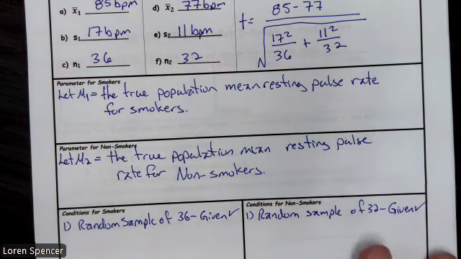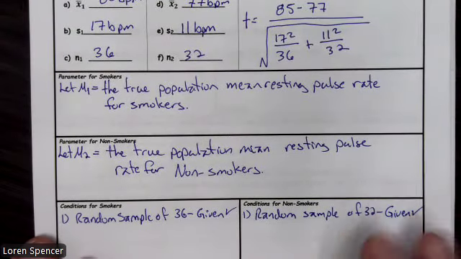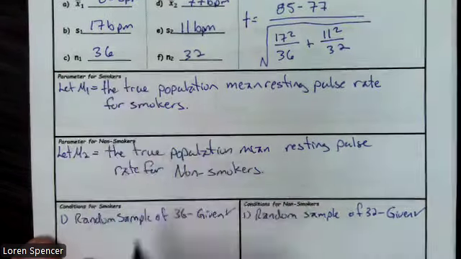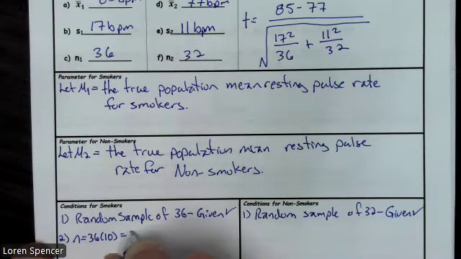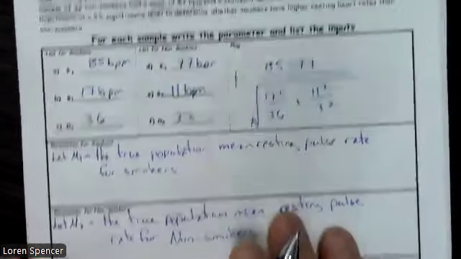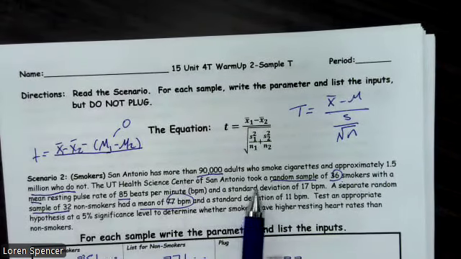The next thing we need to do is check the n is less than 10% condition. Well, we know that 36 times 10 equals 360. And what did they say we had? How many smokers? 90,000 adults.